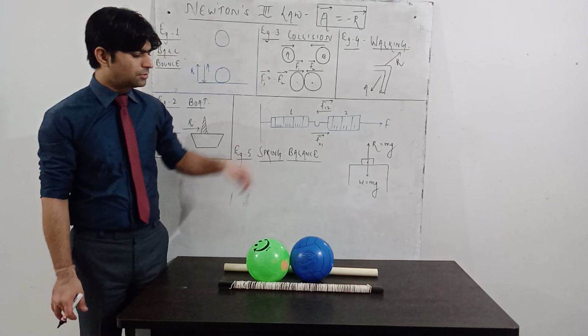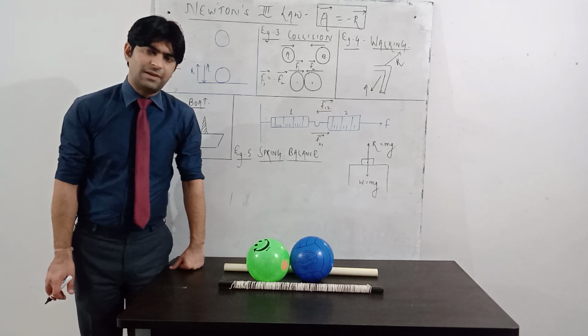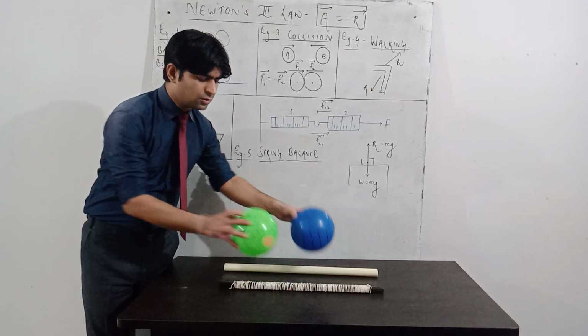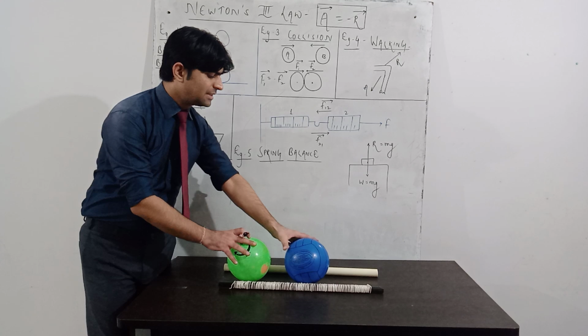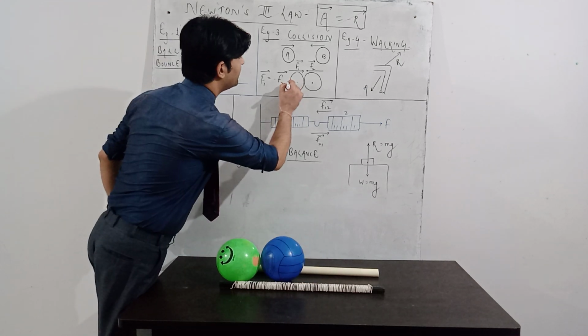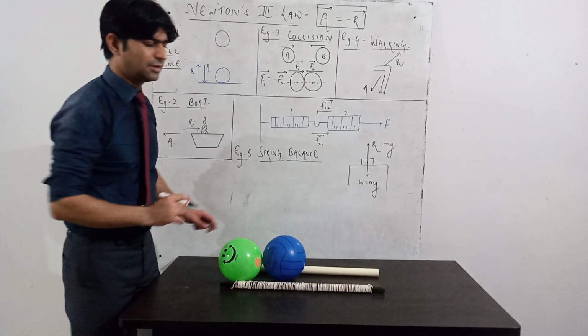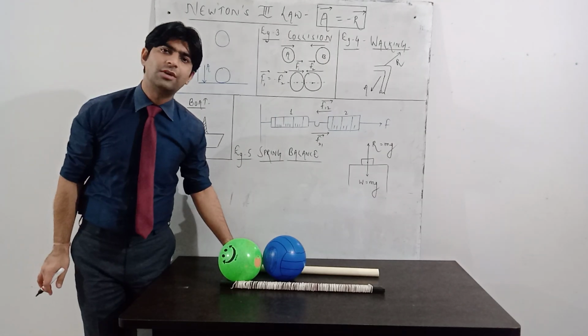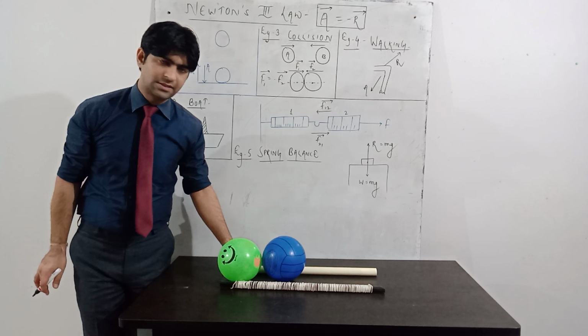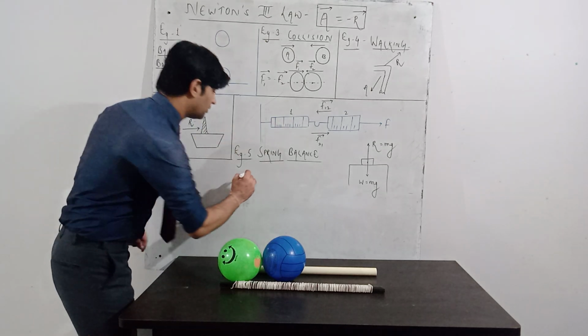So in collision also, Newton's third law is applicable. If you see here, the dimensions of both the balls are the same, which means the centers will coincide with each other. If the centers coincide, this kind of collision is called head-on collision.